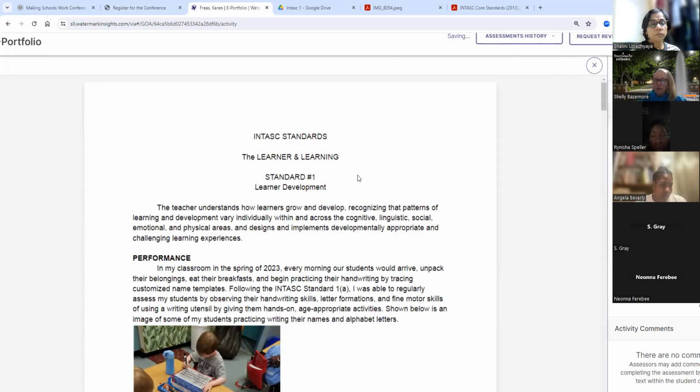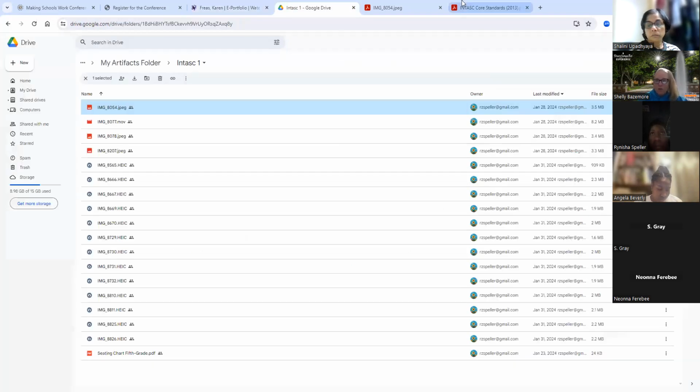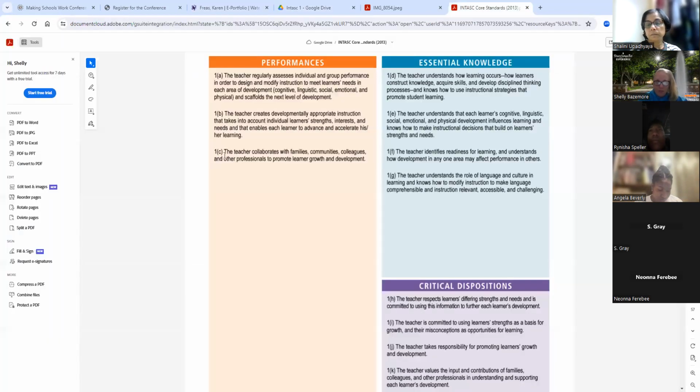Now, you can either write about what's happened during your day, you can write about one of the topics in your syllabus, or you could just go to the substandards. All right, you see the one that says teacher collaborates with families, communities, colleagues, and other professionals. You could write a journal article about how you use that in your classroom, and that could be one of your journal articles, but it would go under critical dispositions.